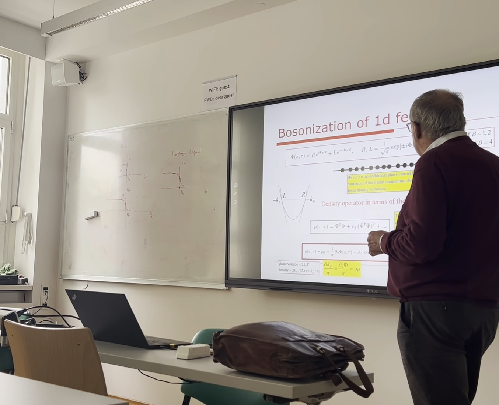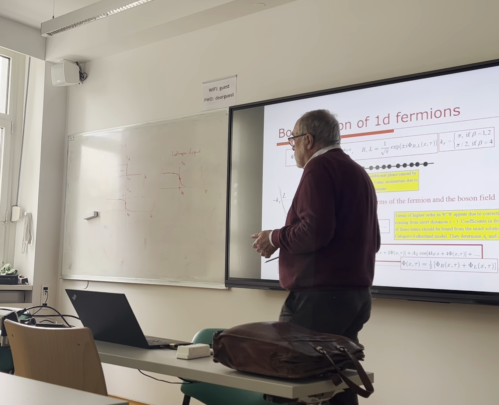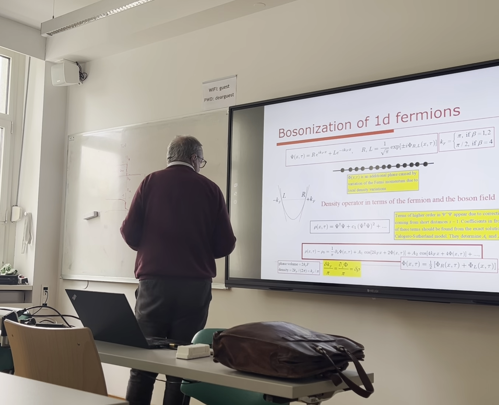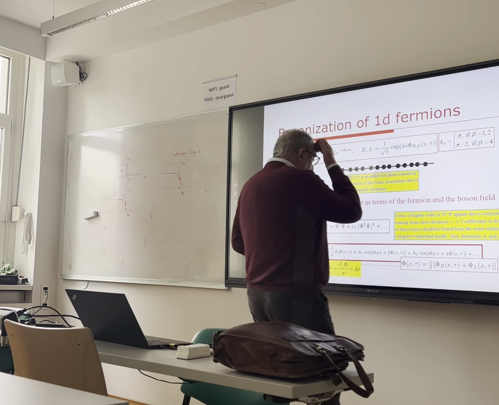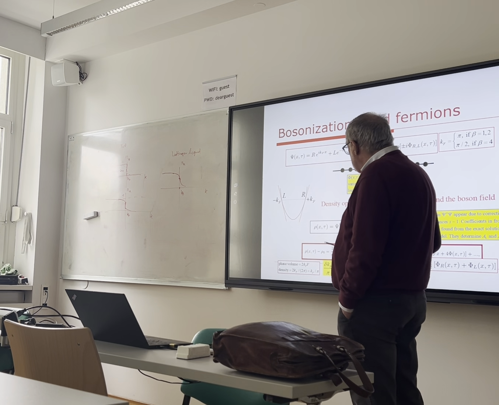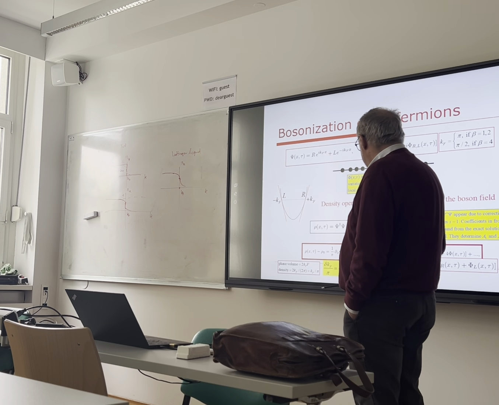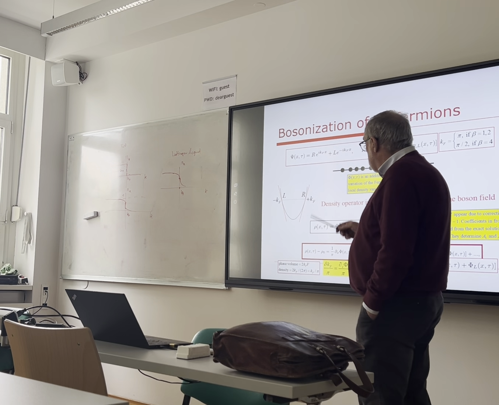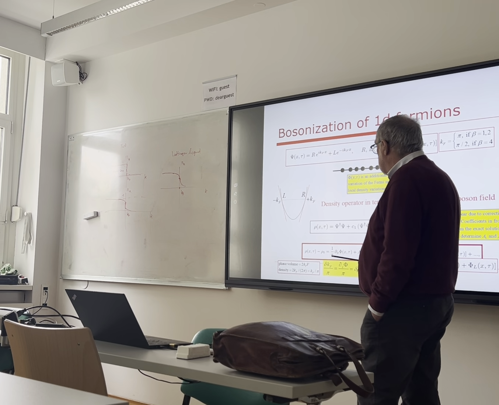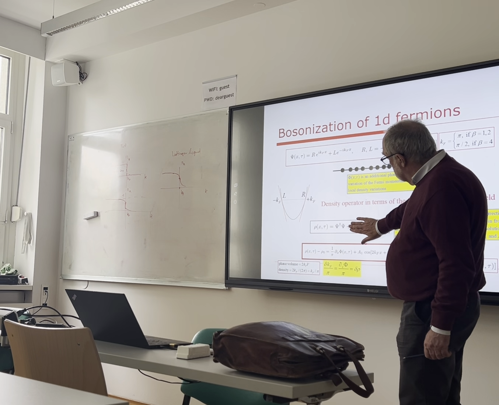Okay, now I want to do the following. My goal is to compute the density correlation function. For that, I have to express the density in terms of the bosonic field. So first of all, we know what the density is in terms of the fermionic field. Forget for the moment about these terms.